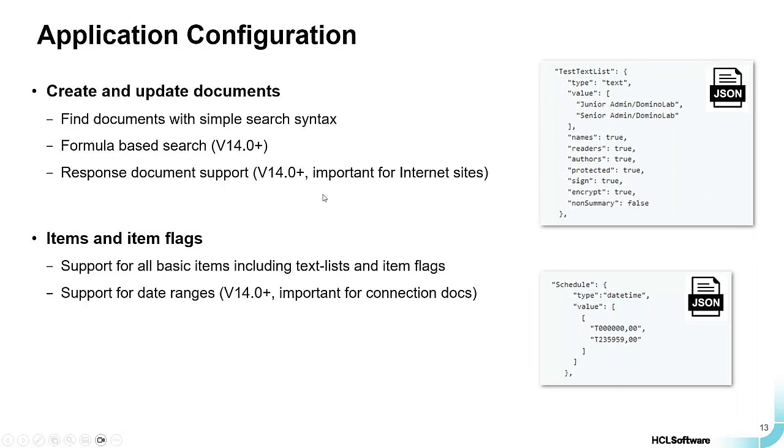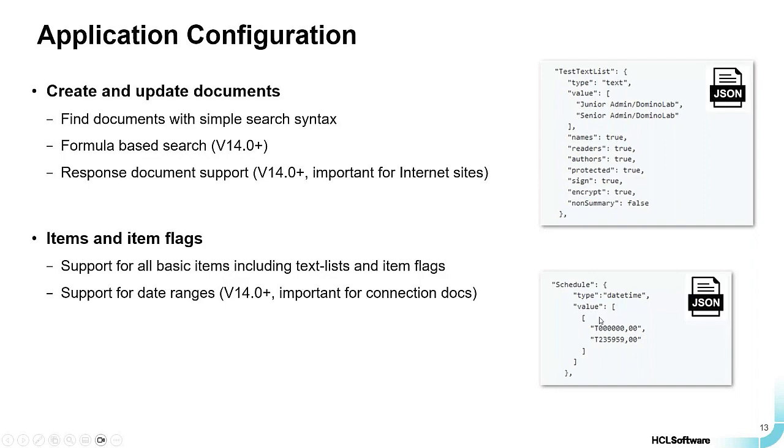So something new in Domino 14 is a date time range and multi-value field, which is, for example, important when you want to create a connection document. So in this case, you would specify like from midnight to midnight.